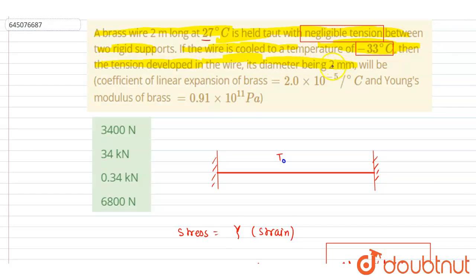Length is 2 meter, which is not required. You can get the diameter, so the radius of the wire will be 1 mm, that is 10 to the power minus 3 meter, right? The linear expansion coefficient is 2 into 10 to the power minus 5.